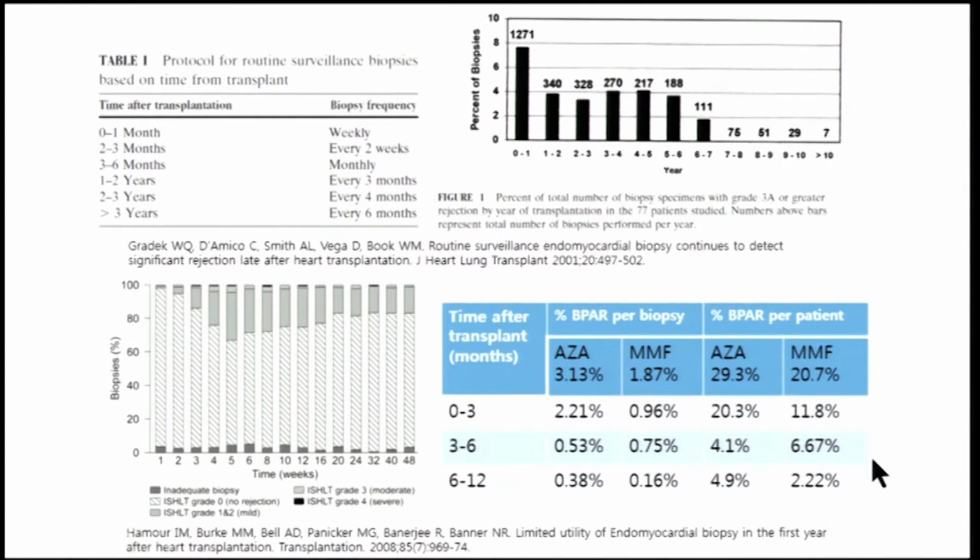So it's less than 2 or 3%, but it can be... this chart is very simple, but rejection per biopsy can be 2% or 1%, but rejection per patient is higher, of course, because we have 5 or 10 biopsies in a single patient, and one of them may have a rejection.